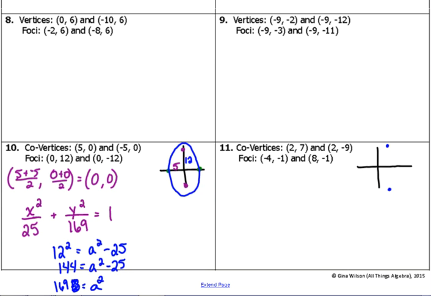Our foci are negative 4, negative 1, and positive 8, negative 1. Not very centered here on my picture, but our ellipse looks something like that. I'm not very good at drawing that one.